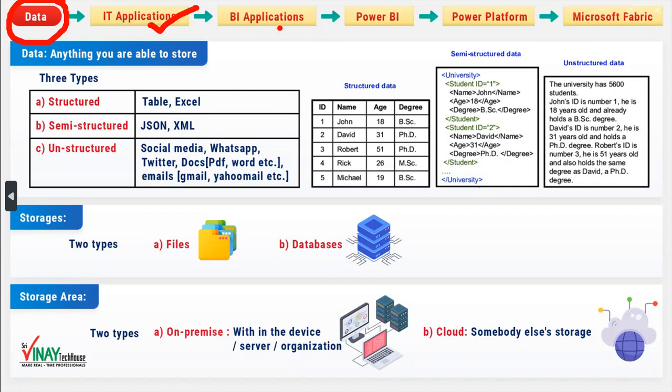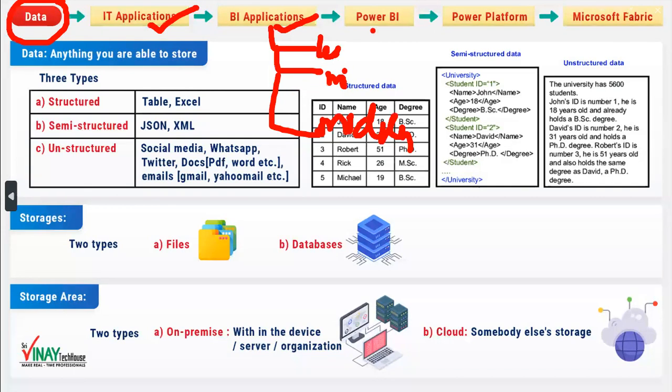Analytical applications are called BA applications, and BA evolution also explained: legacy BA, middle age BA, modern BA. Then what is Power BI, and how Power BI is different from MS BI, and why Microsoft made Power BI, that part was also covered in the last class.